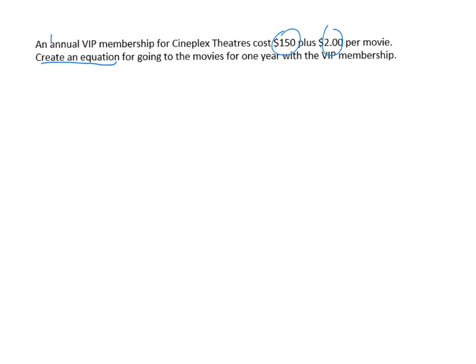If I'm going to bold some, this is an annual VIP membership, and it's for 1 year. And I'm going to do per movie because that tells me that this is the rate of change. And I'm going to know based on that this is the y-intercept. 150 is that initial fee, so it's the y-intercept.